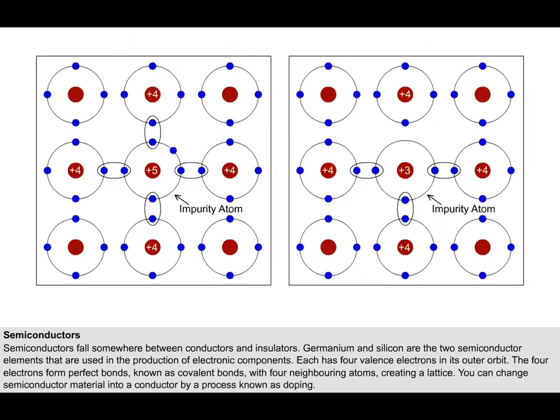You can change the behavior of silicon or germanium and make it into a conductor by a process known as doping. In doping, a very small amount of an impurity is mixed into the silicon or germanium crystal. Doping produces 2 new materials, known as N-type and P-type material.